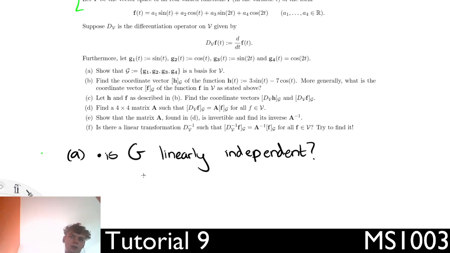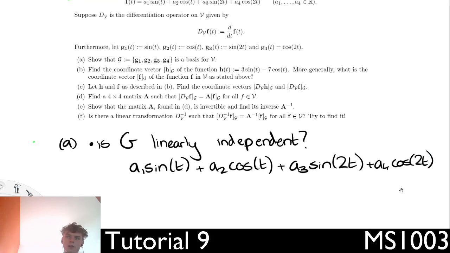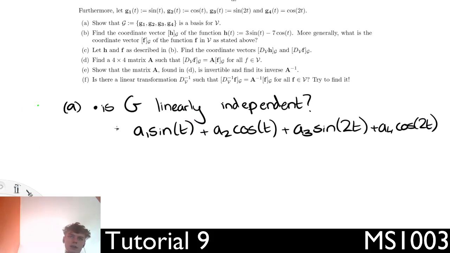Well, you're going to have to check that the only solution to the equation a1 sine t plus a2 cosine t plus a3 sine 2t plus a4 cosine 2t equals 0 holds for every value of t only when a1, a2, a3, and a4 are all 0. Then g will be linearly independent.